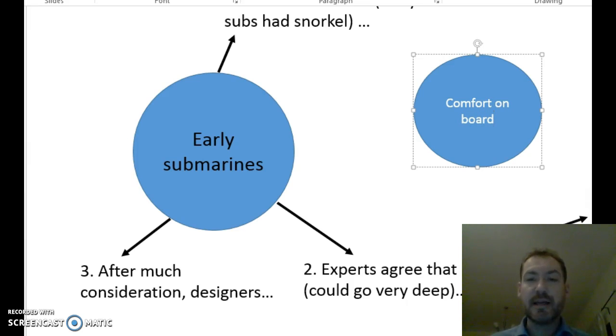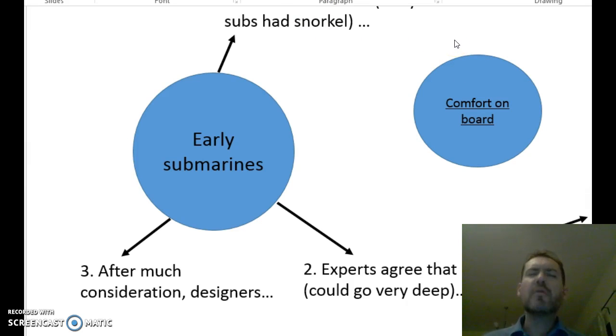Brilliant. I'm going to underline it just so I don't forget. Lovely. Now, there are all sorts of things that I could write about on my plan. I could write about maybe areas inside the submarine that are devoted to bedrooms.